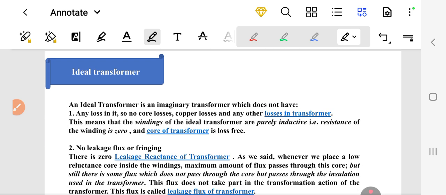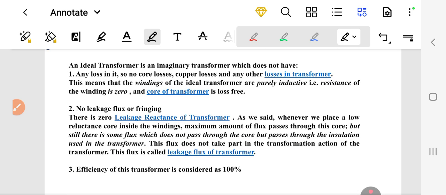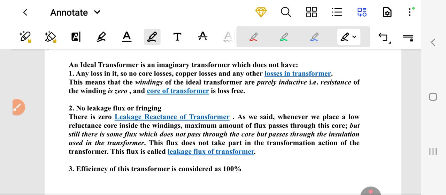What are the main assumptions considered for an ideal transformer? First of all, an ideal transformer is an imaginary transformer. It is not a practical transformer, it cannot exist in real life, and it does not have any losses: no core losses, no copper losses, I square R, and no other losses inside the transformer.